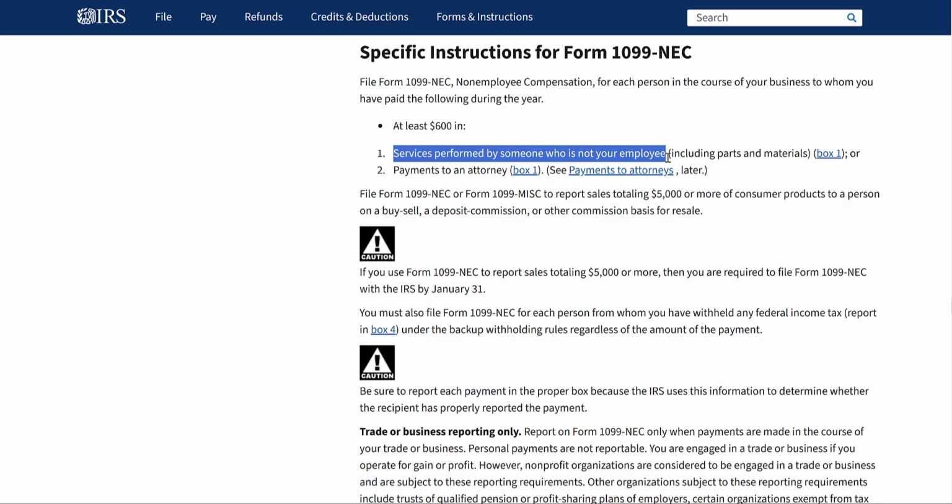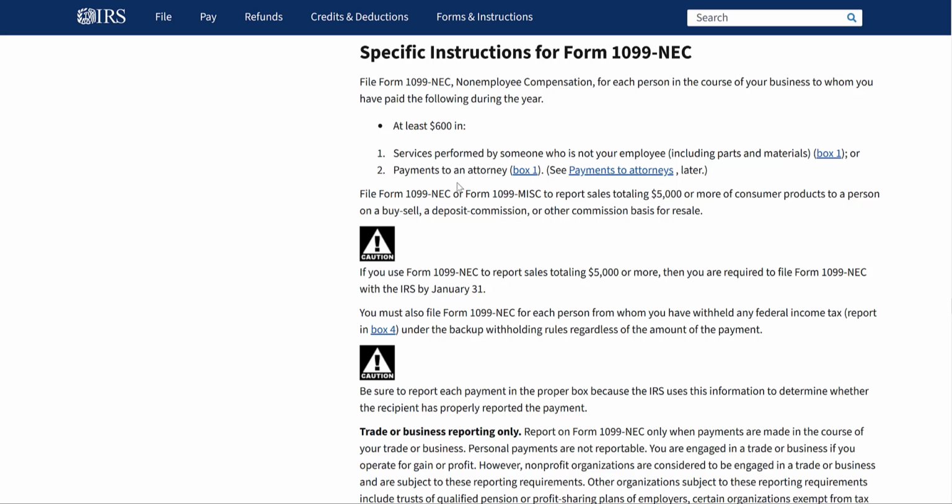We need to stop calling people who aren't W-2 employees that, because it can get you in trouble. Services performed by someone who is not your employee means services performed by somebody who's not receiving a W-2 from you, okay?